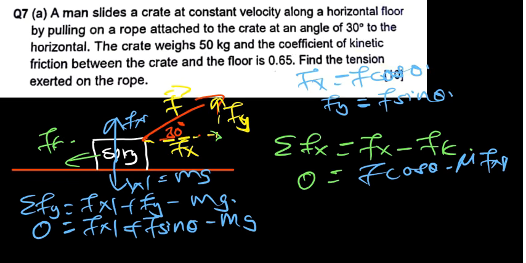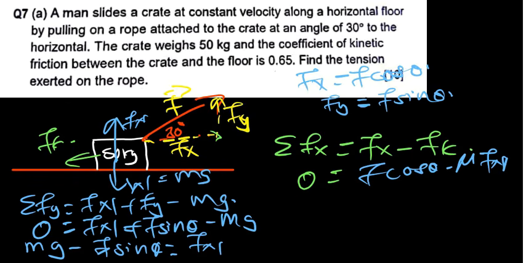I'm going to shift these two to the left hand side, meaning what we're going to have now is mg minus F sin theta is going to be equal to Fn.